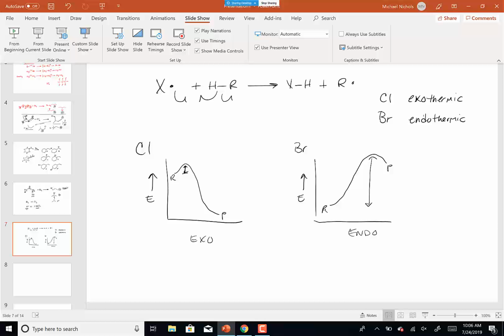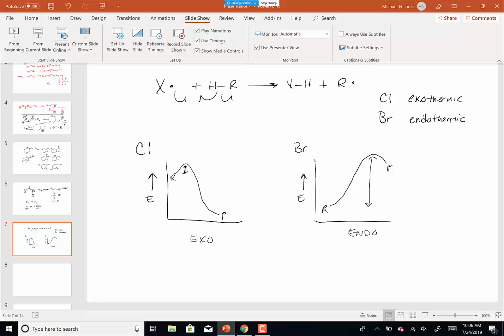So if you remember with Hammond's Postulate, if we take a piece of paper and we have a reaction that is thermoneutral, 50-50, the transition state's right in the dead center of the reaction coordinate diagram. As I make the reaction endothermic, as I raise the product energy, then what happens to the transition state?